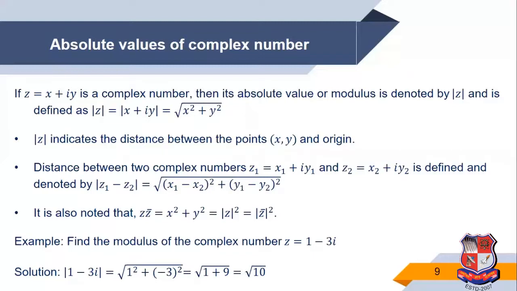Now next, the absolute value of a complex number, or modulus of a complex number. So if z = x + iy is a complex number, then its absolute value or modulus is denoted by mod z.